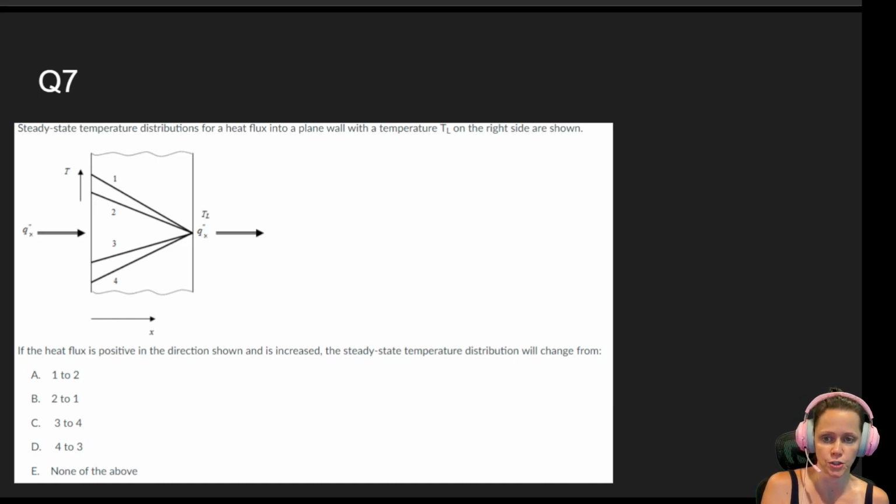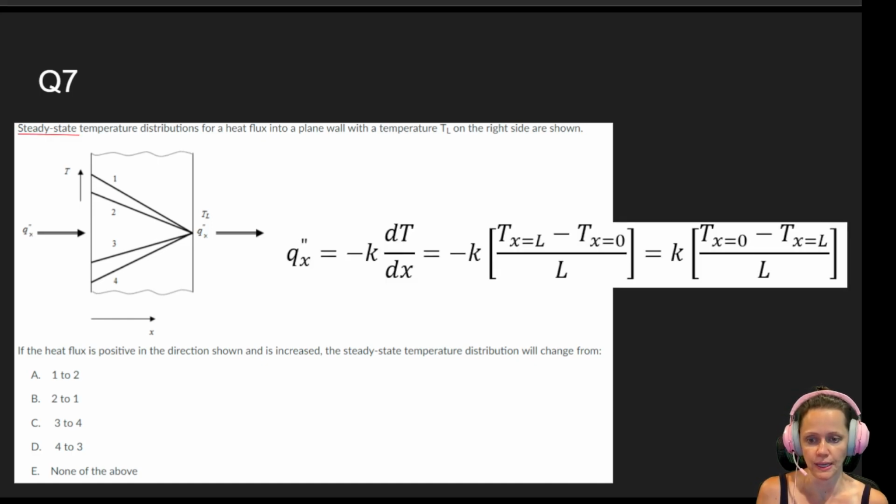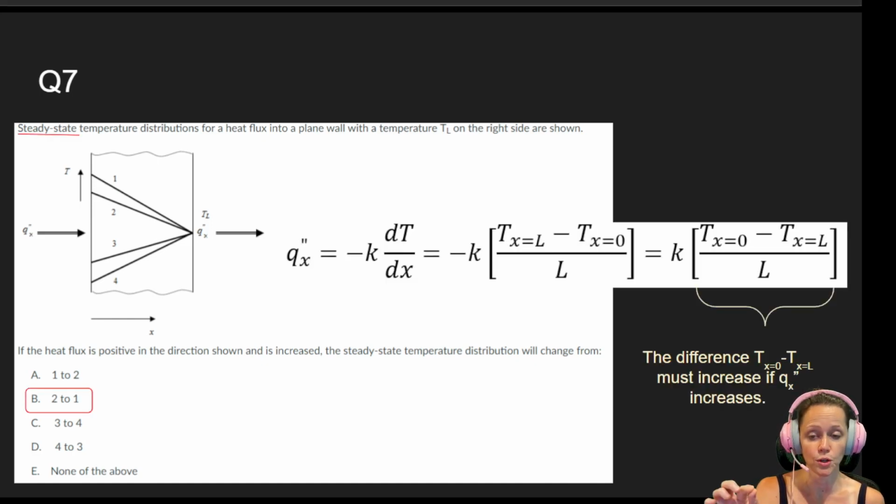It's either 1 or 2, right? So either A or B. So if that heat flux increases, that means the temperature gradient increased. The temperature difference between T1 and T2 increased, right? And so that would be the case for 2 to 1, right? That temperature gradient increased. The line got steeper.